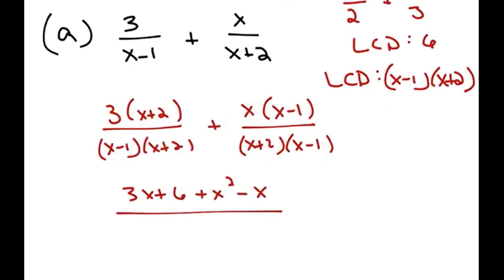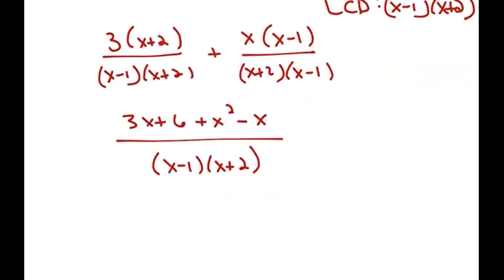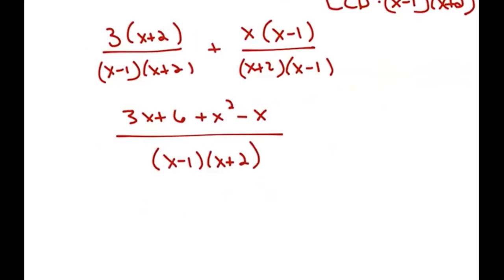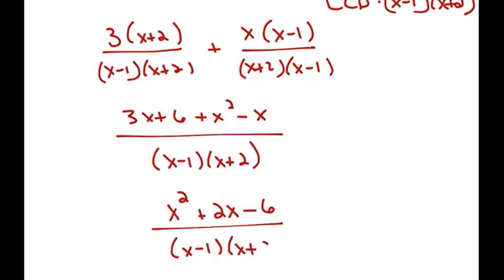So basically you multiply them out and add all the similar terms. The x squared would be left alone, add the 3x and the negative x together, and the 6 would be left alone as well, okay? And that would be as far as you can take the numerator of this expression. And this should be your final answer for this question.